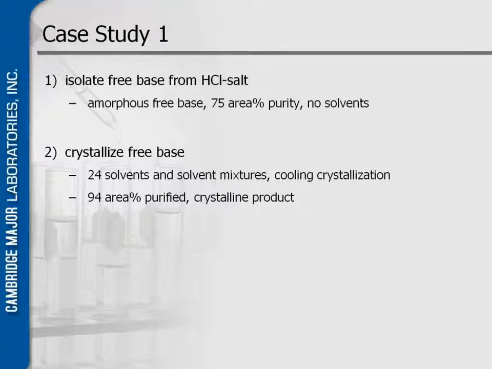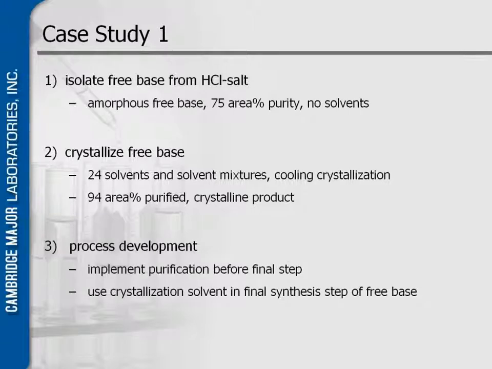With this knowledge, we went back to the process and implemented this purification step before the final step was done, because in the final step we could not combine the needs of the process itself and a crystallization. So we go back one step, and there it could be implemented.